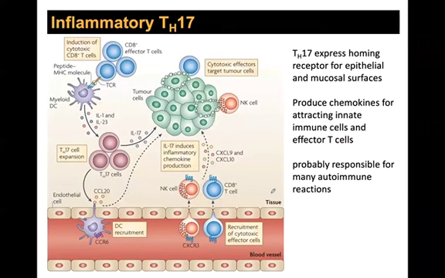Okay, so inflammatory Th17 cells are really only observed if you have microbes that have crossed the mucosal epithelia. Now that Th17 cell got an additional signal: yes, there's something here, we need to make a response to it. This can also happen when you have a tumor.